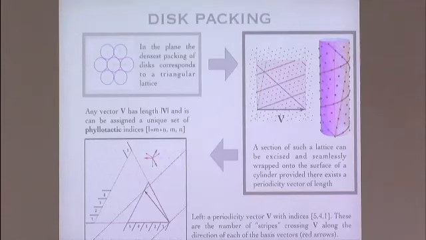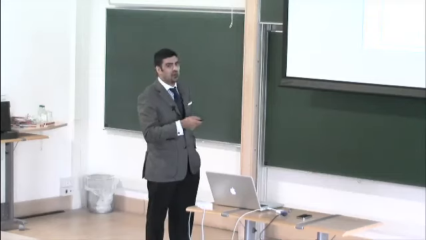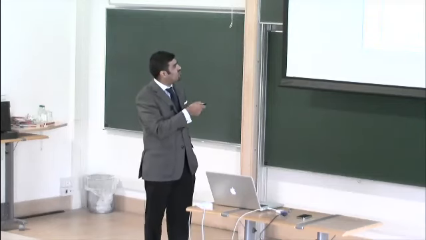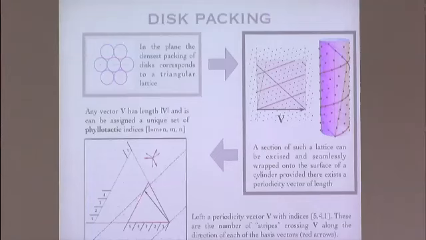And those numbers I can use to uniquely identify any cut I want to take. So for example, this cut, which I've denoted by these dotted lines here, has numbers 5, 4, 1. Of course, these numbers aren't independent of each other. You could have just used the numbers 5 and 4, for example, to specify the wrapping entirely. But there are other reasons why we want to maintain this extra index here.